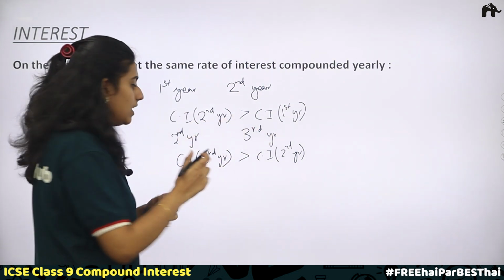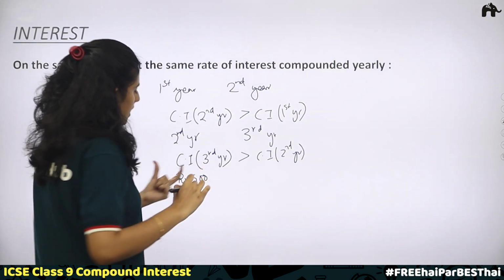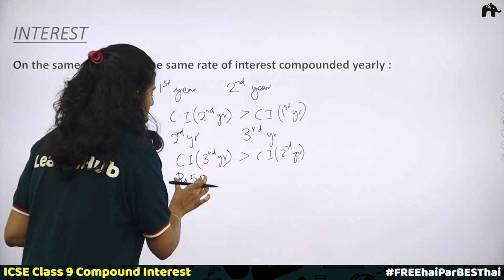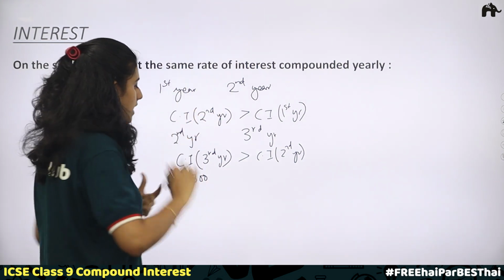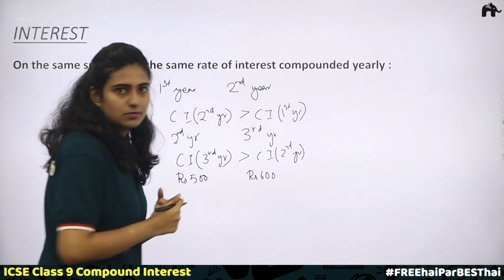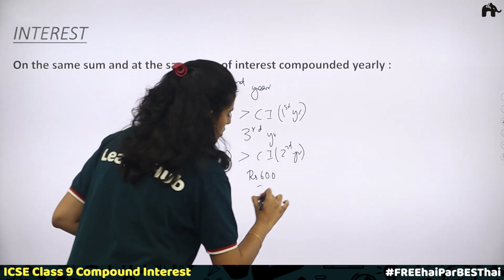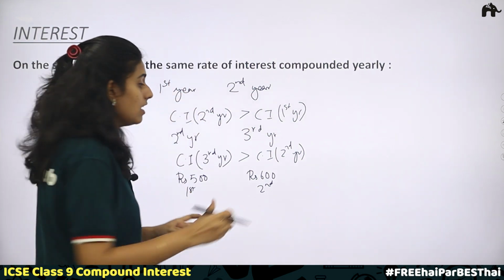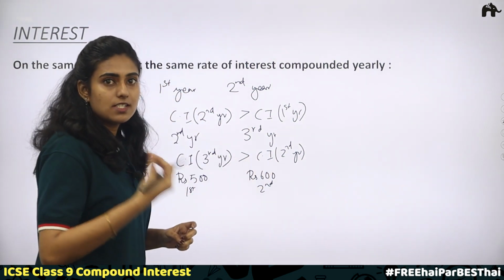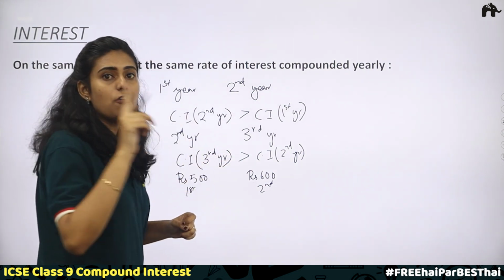For example, let's say rupees 500 is the compound interest for first year, and the compound interest for second year is rupees 600. Which is greater? This is for first year and this is for second year. We know that for second year, the compound interest is greater. So, when you take the difference, you will be getting the interest for 1 year.